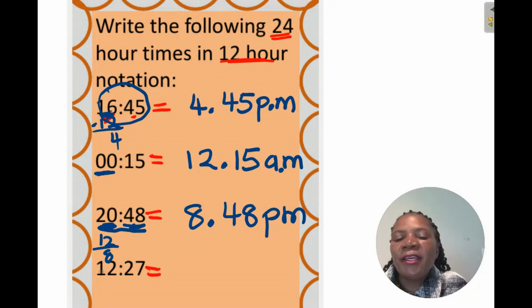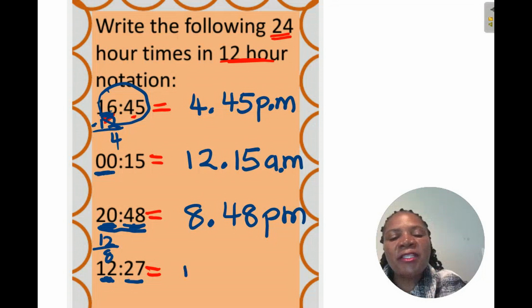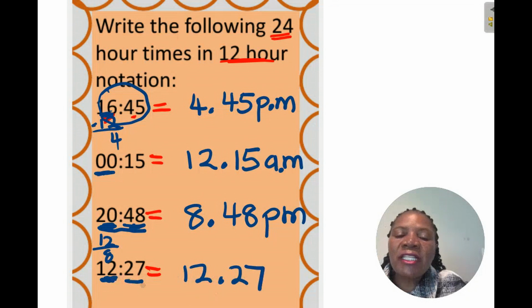Okay, then 12:27, right? The number 12 is indicating that we had 12 hours of morning. So this time, we also write 12:27, but they are 12 hours of what?